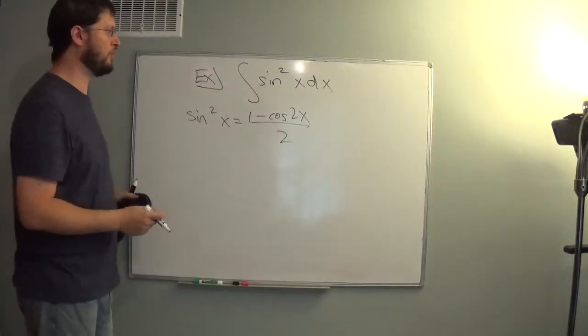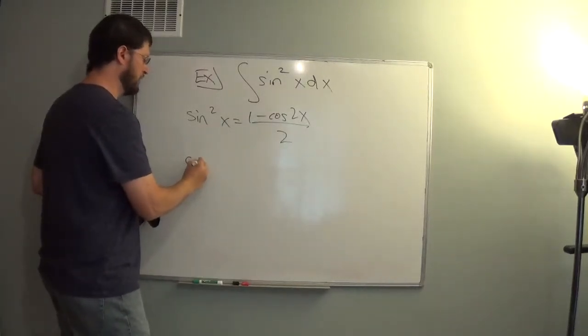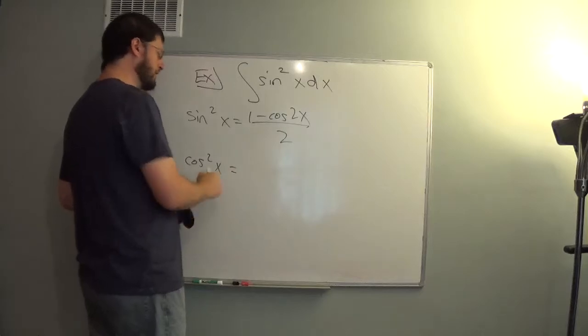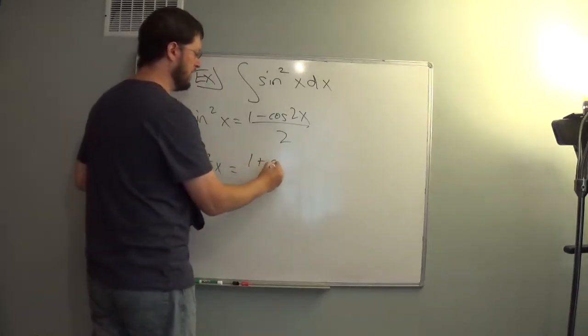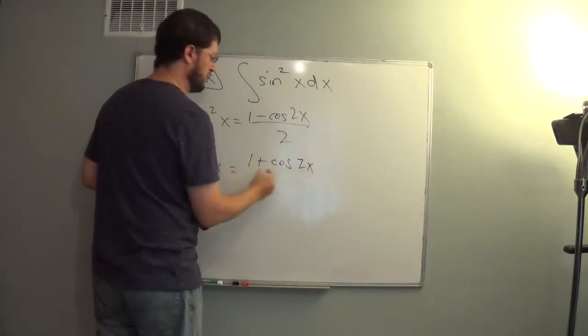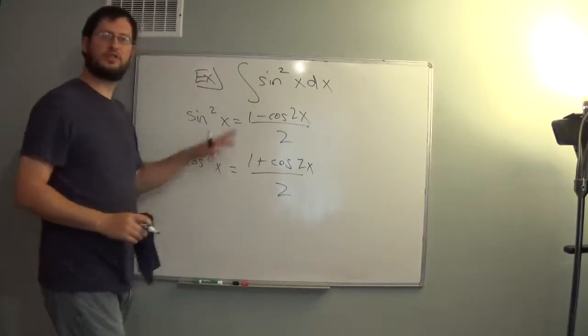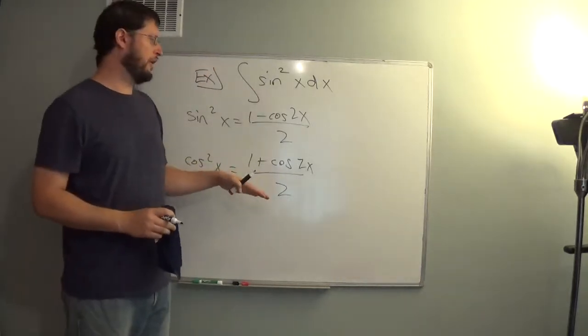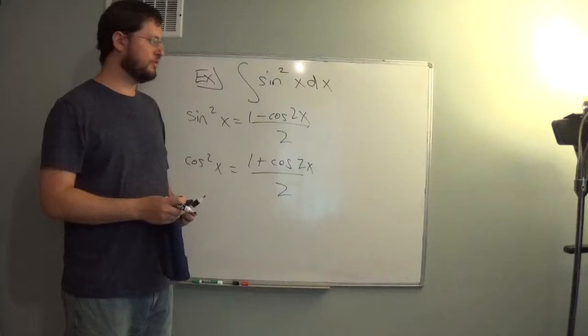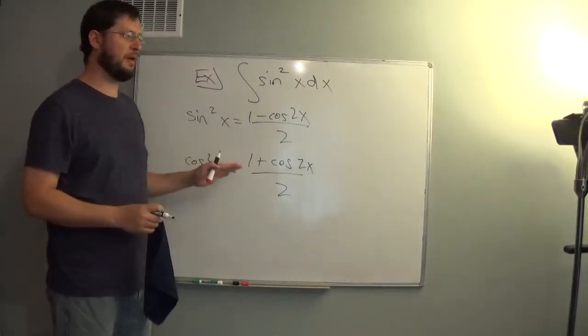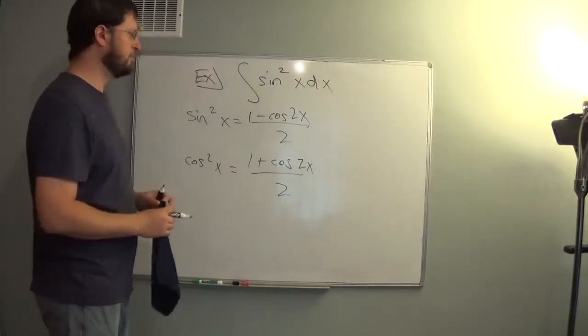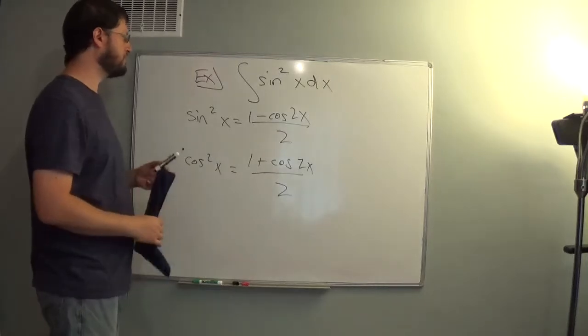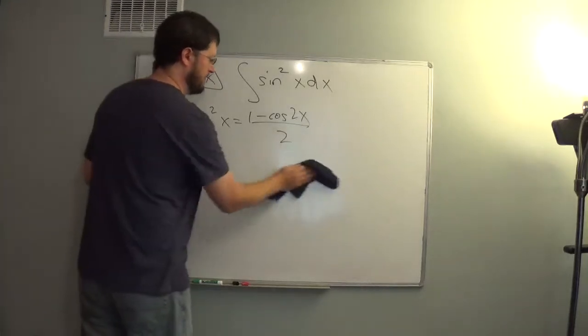So the cosine of 2x. There's a similar one for cosine squared, for cosine rather than sine, where it's 1 plus cosine 2x over 2. So these two are identities that we're going to have to use in the future, so keep them in mind and put them in a safe place. For right now, we just need this top one.